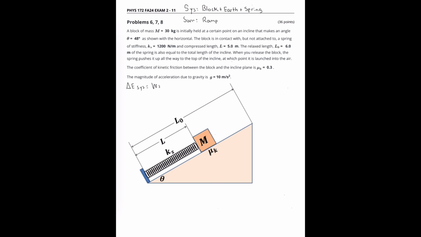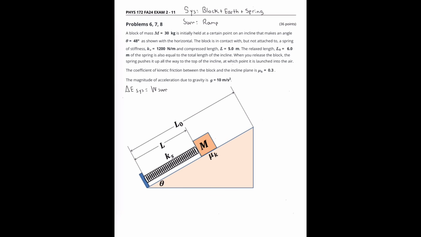And from that, we can say the kinetic energy of our block is 1/2 m v naught squared, since it's initially at rest, minus the energy of our spring, 1/2 the spring constant Ks times s squared, our displacement, and recall s is equal to L naught minus L, minus our potential energy due to gravity, mg delta y, and visually we'll see that delta y is equal to this distance, and we'll solve for that later. And that is equal to our work done by the ramp, or friction.